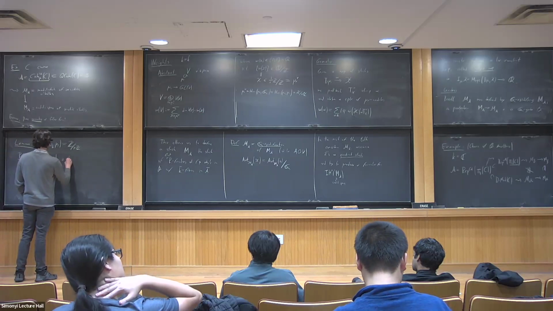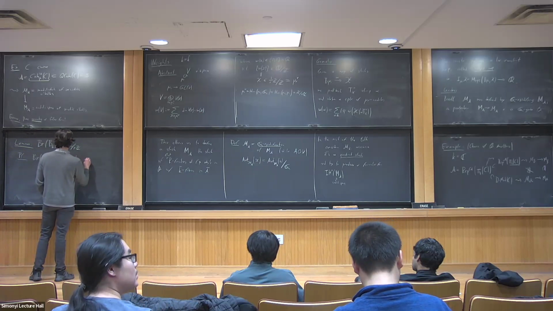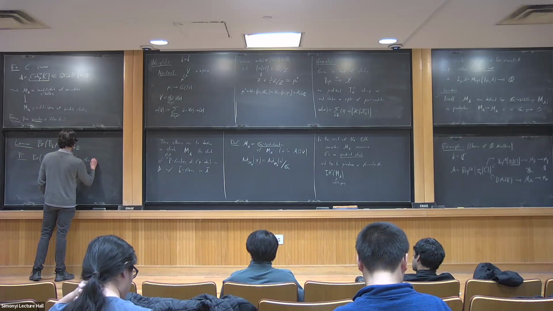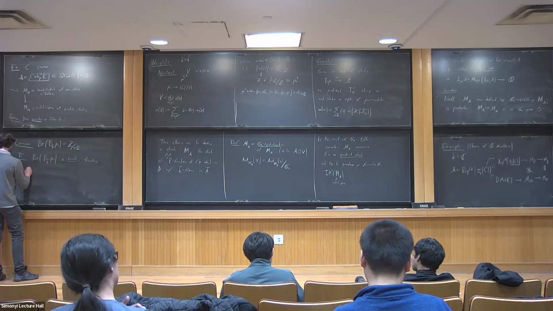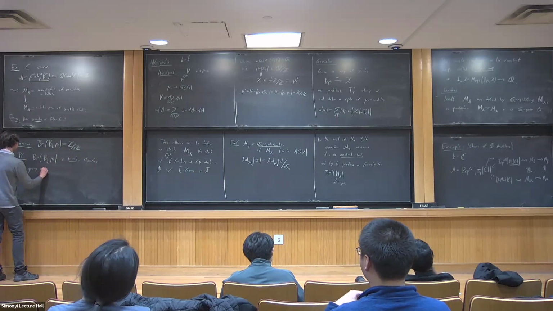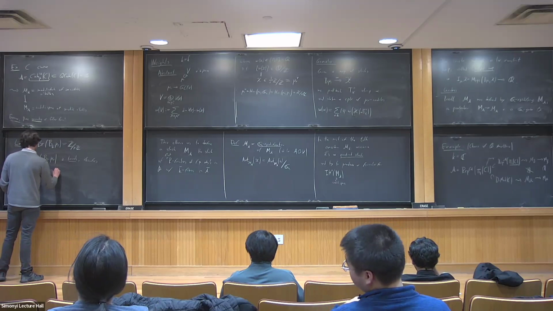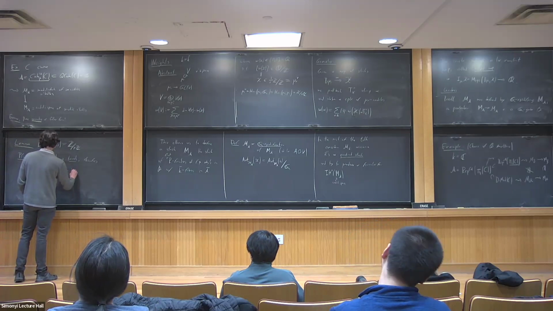This is trivial because it classifies group extensions of mu r by G_m.